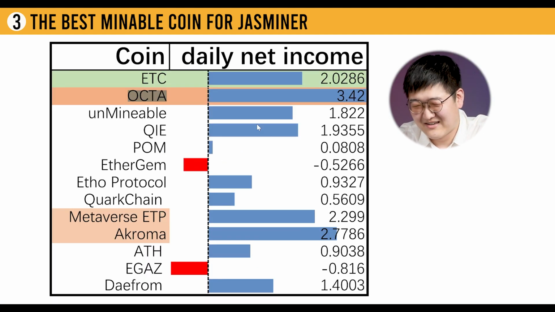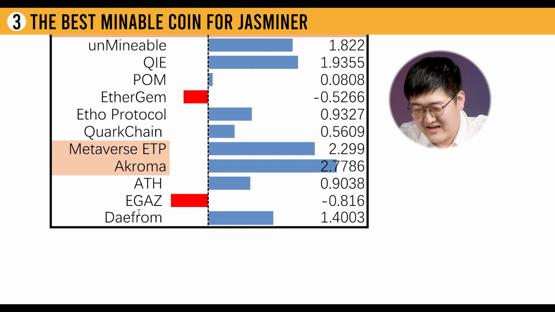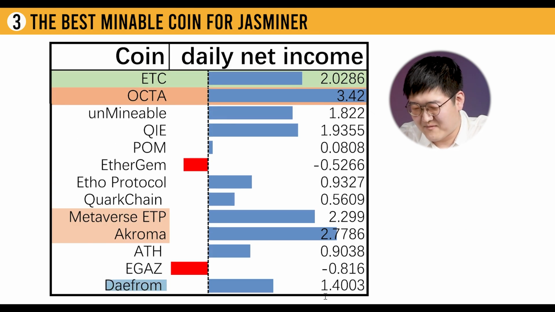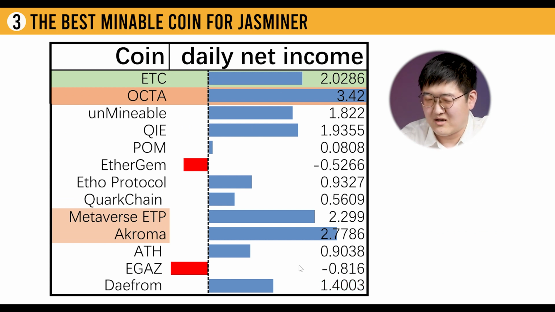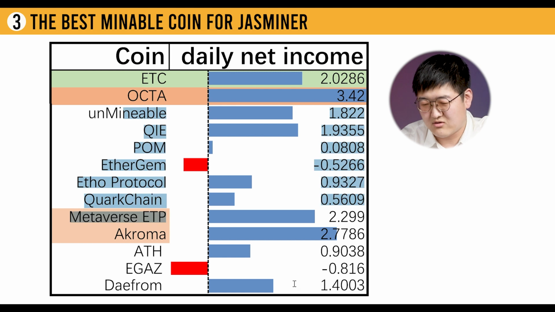I just found some interesting things. And here is another token. I'm not sure what this token is, and it's earning below ETC. So you can also consider, when the market is not right and ETC is not earning well, all of these altcoins are available for you to select.